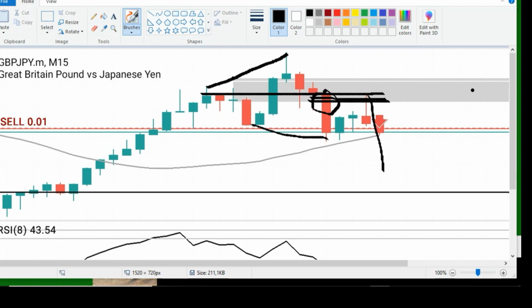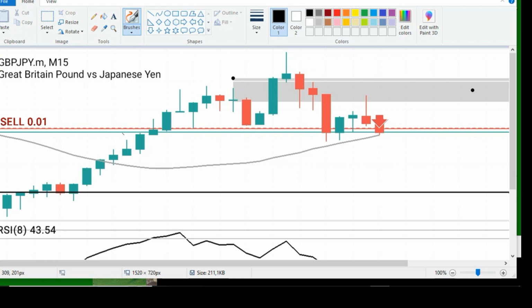But let me just show you something quick. Let me draw the QM pattern for you. Let me change the color of this high, broken, of this low, broken. Now, this is what a QM pattern looks like.